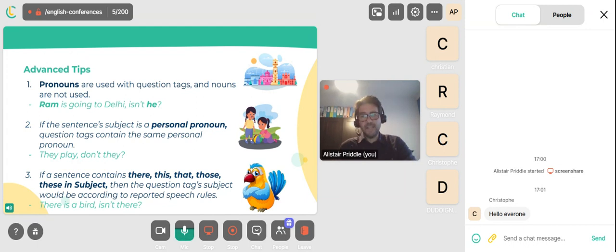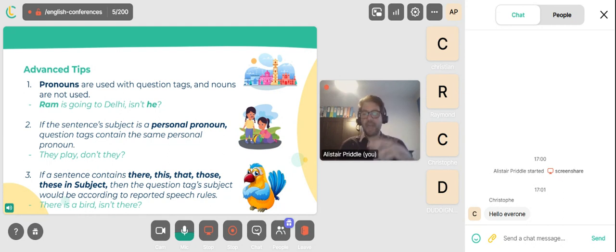Number 2, if the sentence's subject is a personal pronoun, question tags contain the same personal pronoun. They play, don't they? If a sentence contains this, there, that, those, these in subject form, then the question tag subject would be according to reported speech rules.